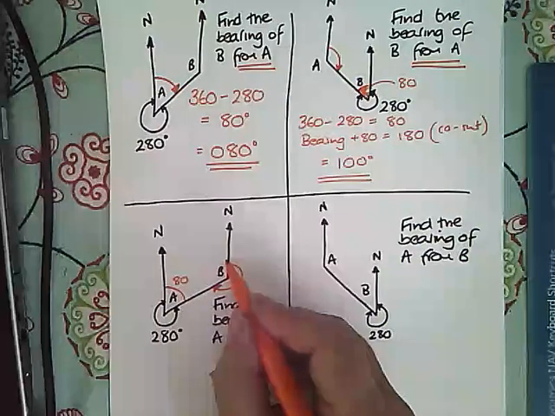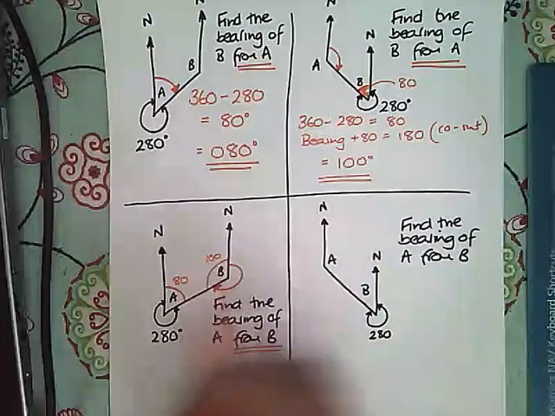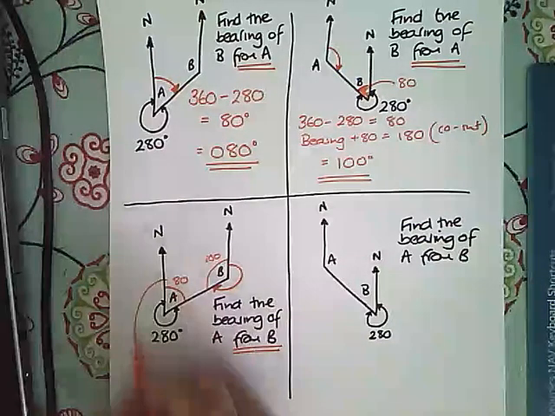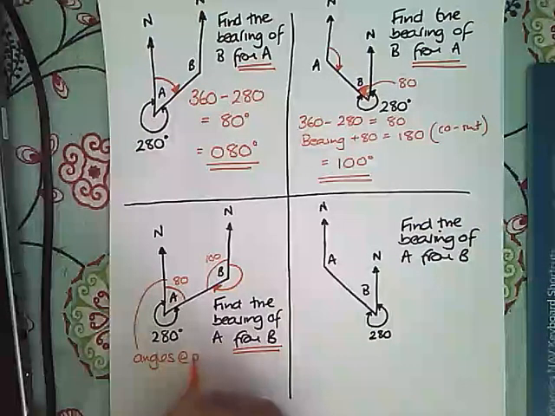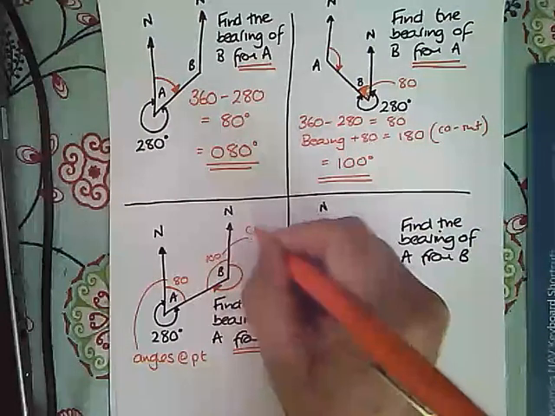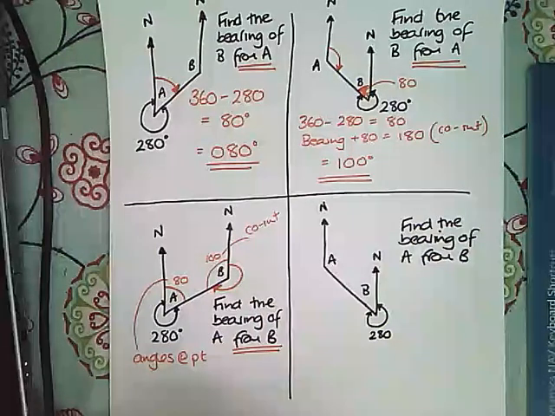This is 100 because of co-interior. When you're doing this, it is perfectly acceptable to write those sorts of reasons actually on the diagram.